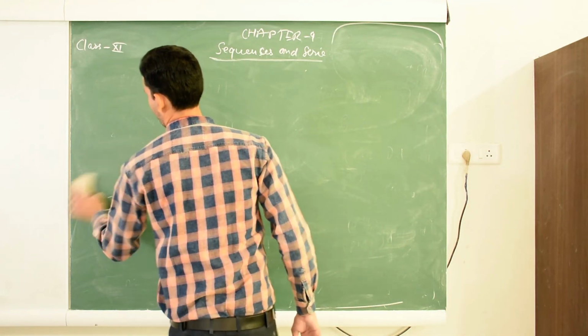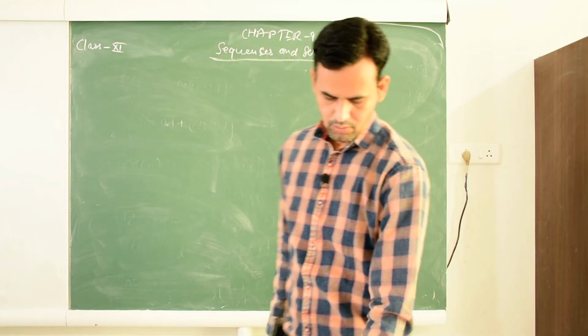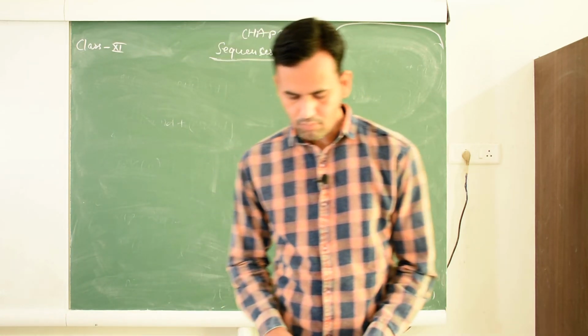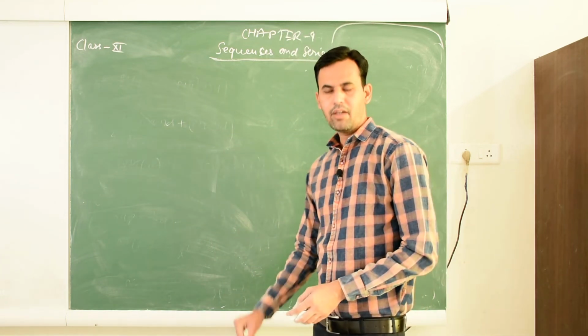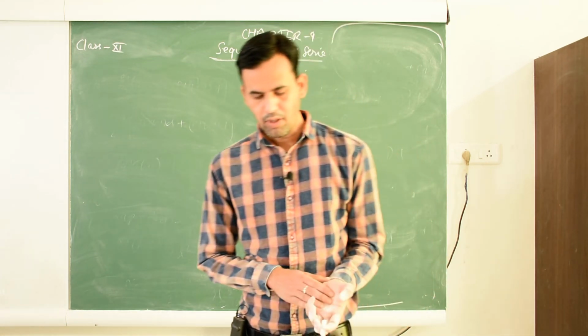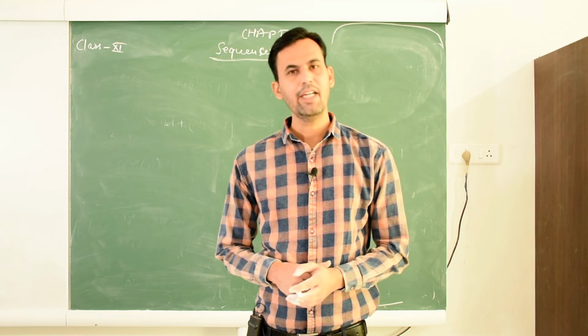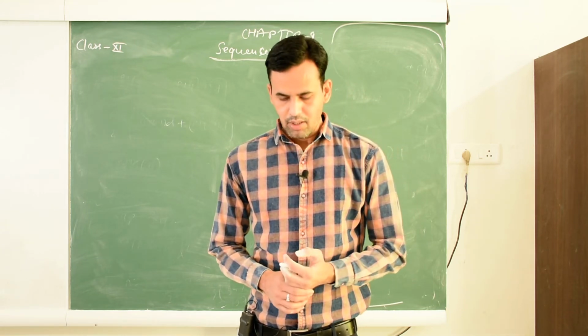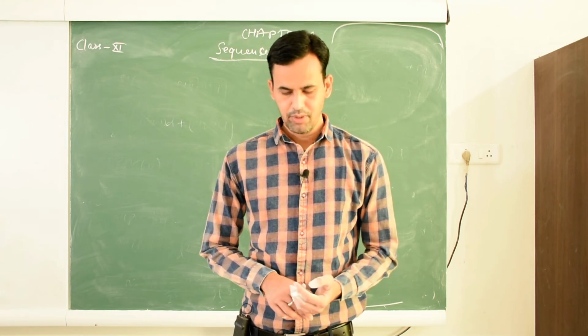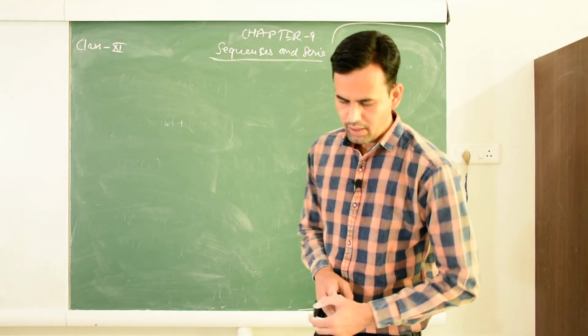Now the next question is question number 15, that is, if (a to the power n plus b to the power n) upon (a to the power n minus 1 plus b to the power n minus 1) is the arithmetic mean between a and b, then find the value of n.